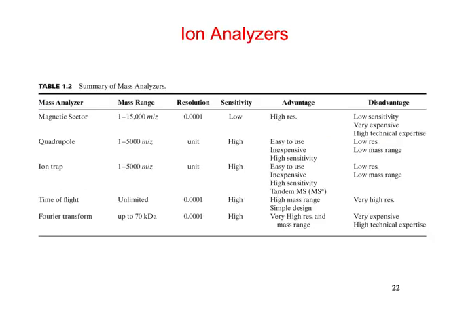All right, so here's a summary of some of these. We don't have the double focusing one here, I guess. So for magnetic sectors, the sensitivity is low, but you can get high resolution. They're expensive.